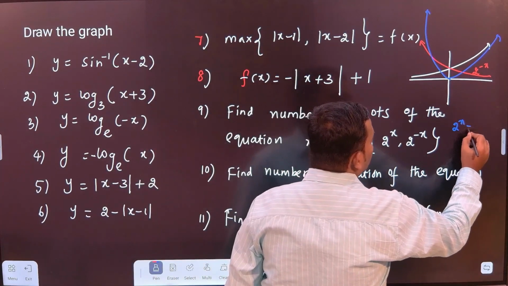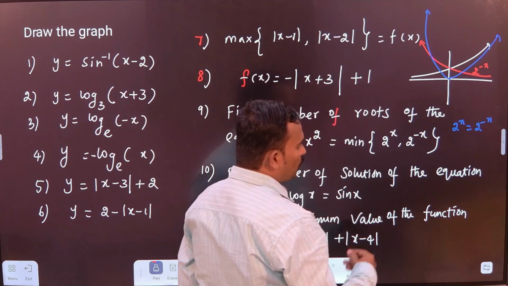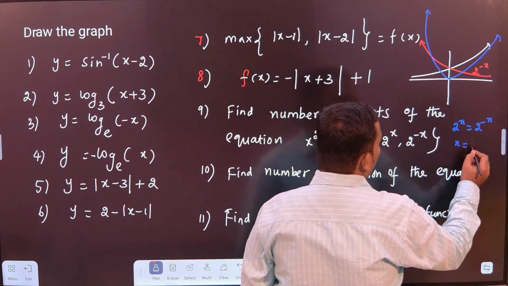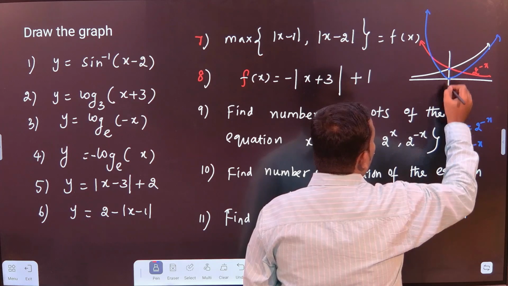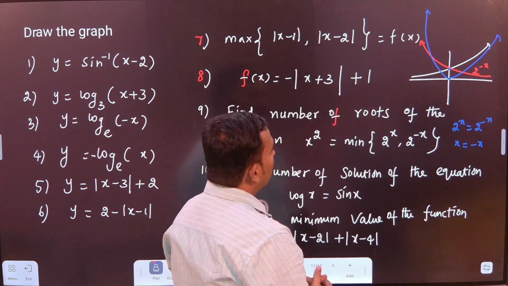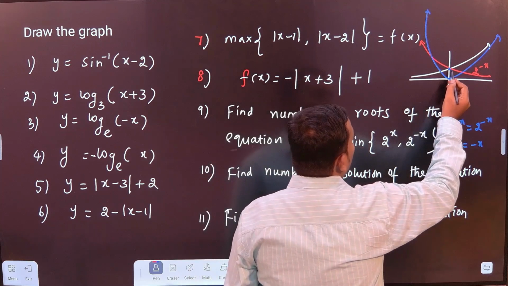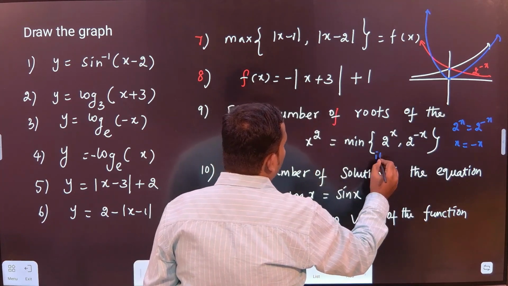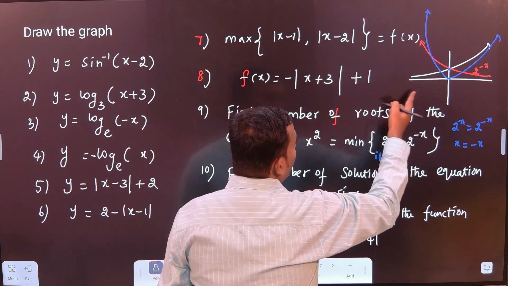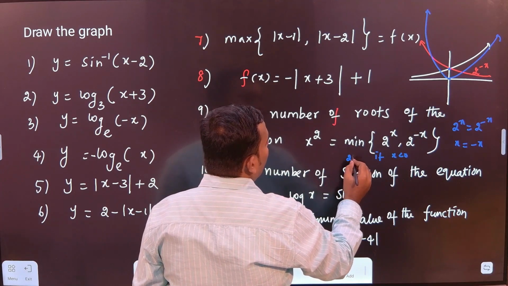So 2 power x is equal to 2 power minus x. You can apply log base 2 on both sides. So x is equal to minus x, x equal to 0. So this is your breaking point. No other point. You can see when x is less than 0, the minimum of the graph is what? 2 power x.